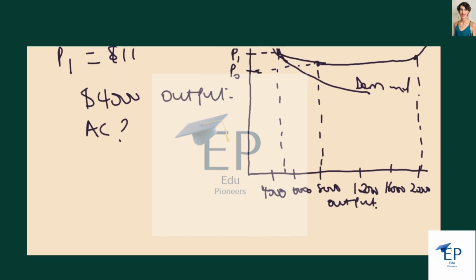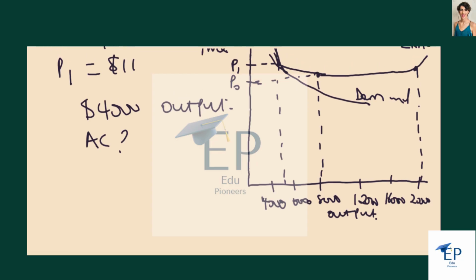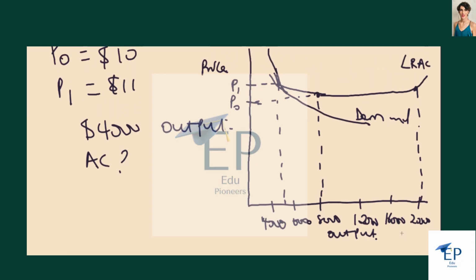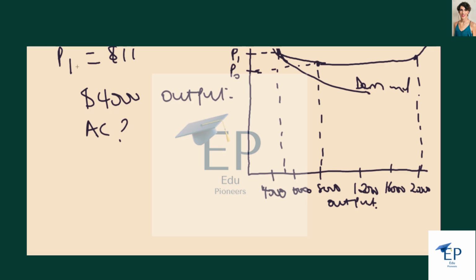So from the above figure, if the incumbent firm produces 6,000 units, it will face an average cost of $12 approximately.